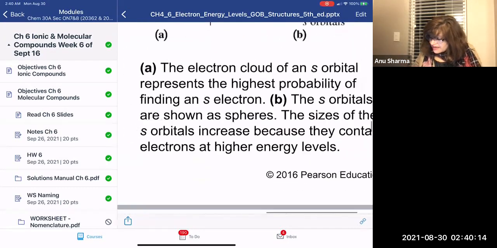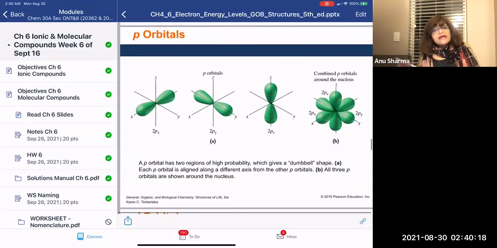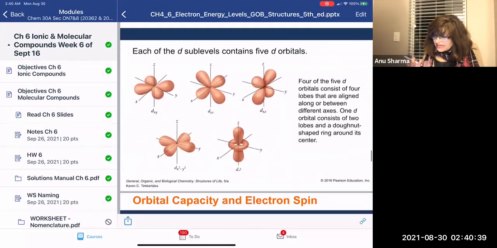On the other hand, if the name of the room is p, then we have px, py, pz. These are the three dimensions, x, y, and z. We can see the electrons horizontally, vertically, and diagonally. These lobes represent that region in space where the electron can be found. Next are the d orbitals.